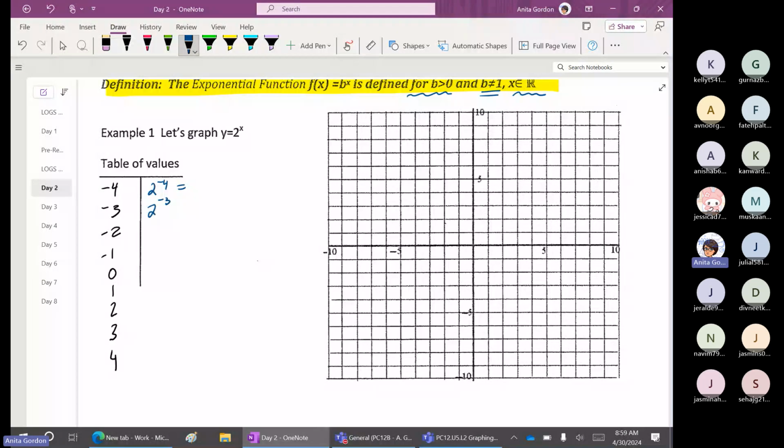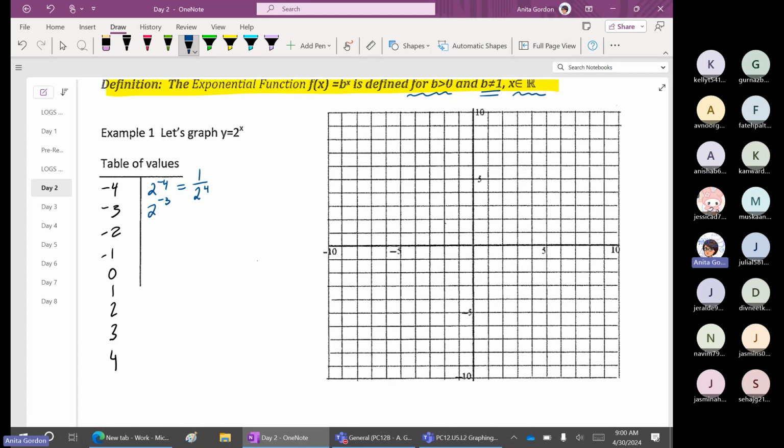Using our exponent rules, if you have something with a negative exponent, that is the same thing as writing 1 over 2 to the 4, and now the exponent is positive. So if you have a negative exponent at any point, it just means you need to flip where it is. If you have a numerator with a negative exponent, that means it belongs in the denominator.